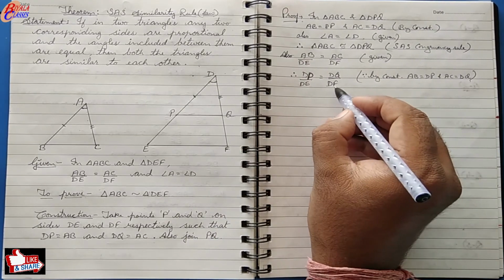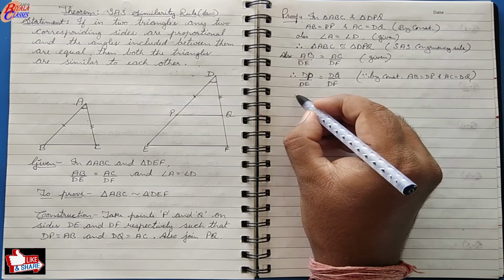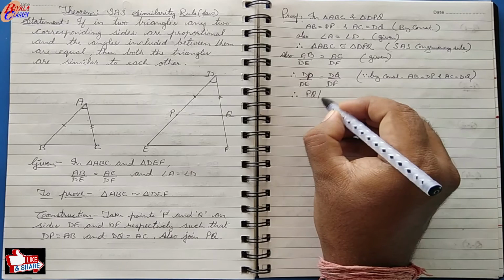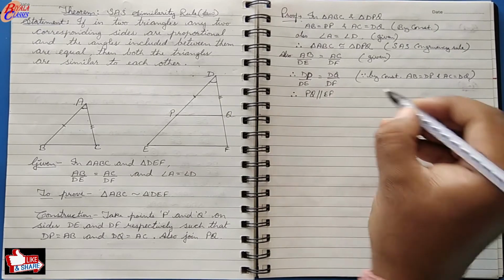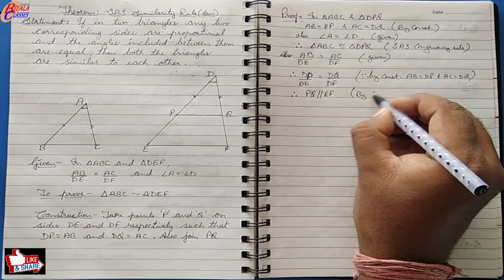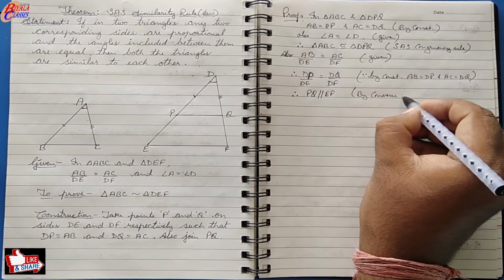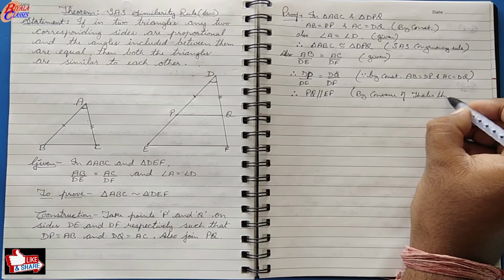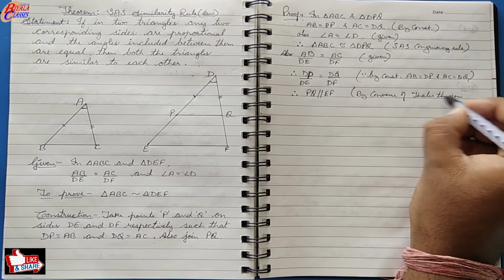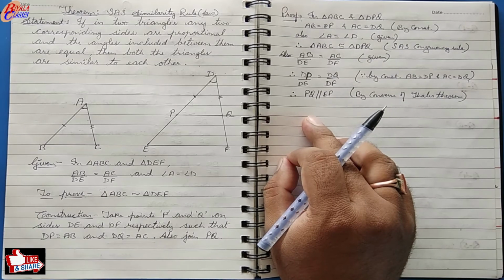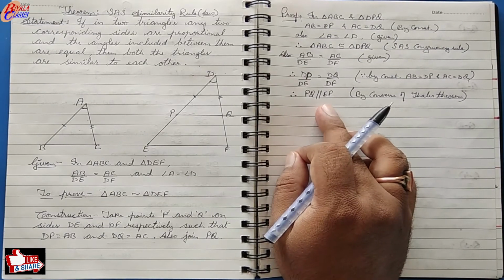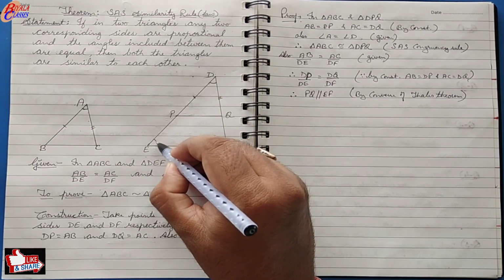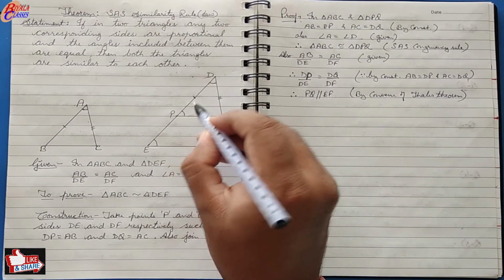This is one of the results of the Thales theorem, the basic proportionality theorem. And because of that, PQ will be parallel to EF, and this is by the converse of the basic proportionality theorem, which is also known as the Thales theorem. So we get that PQ and EF are parallel to each other. Now if these two are parallel, of course these angles will be equal.